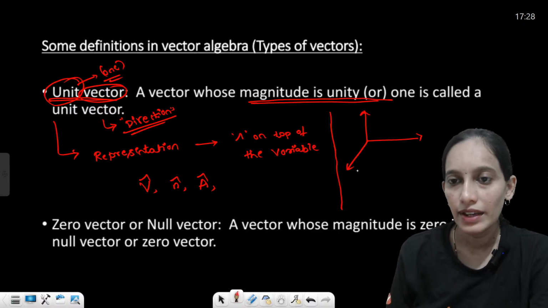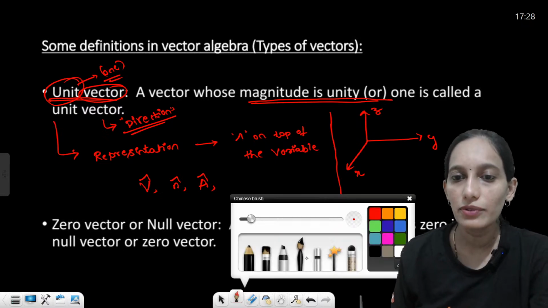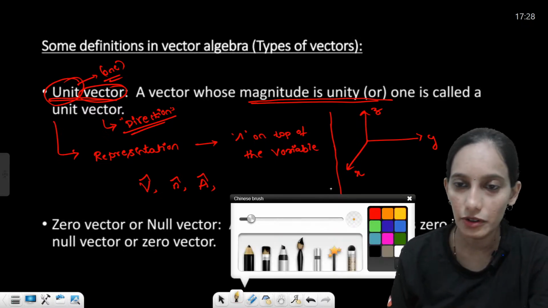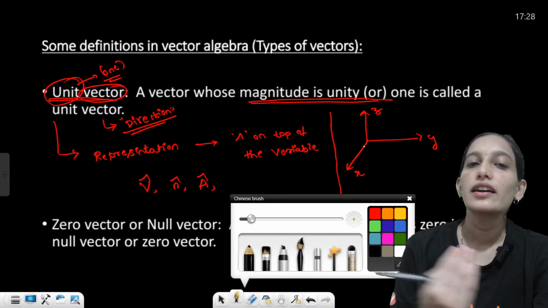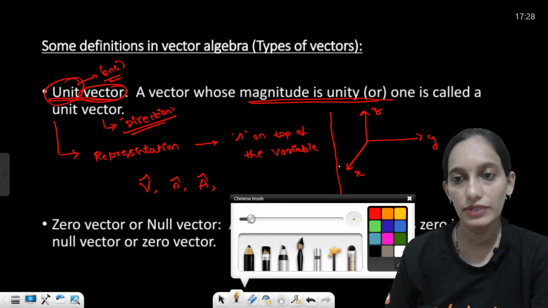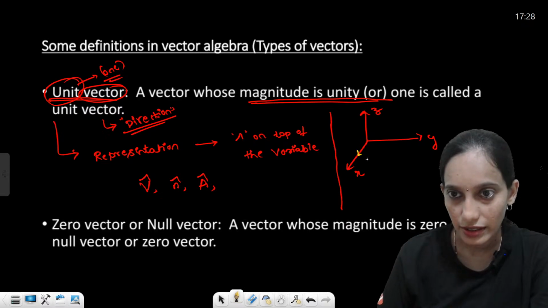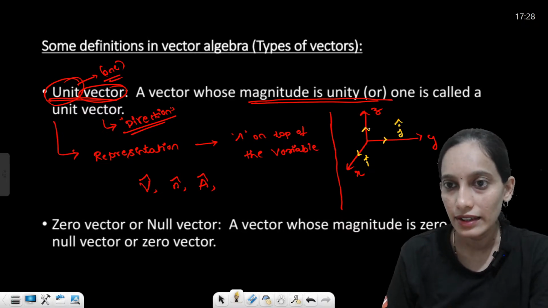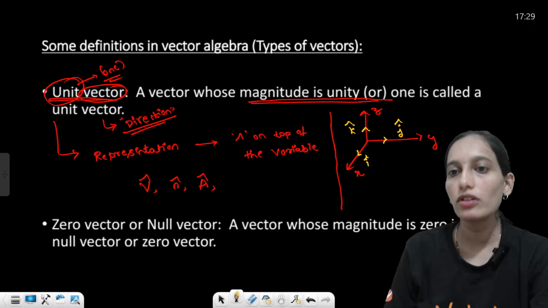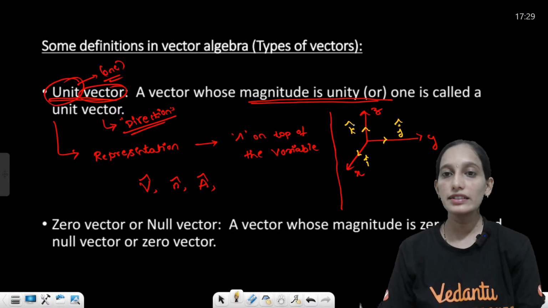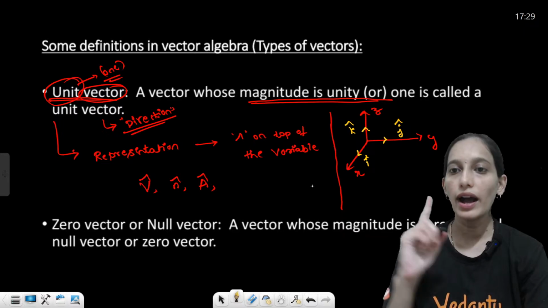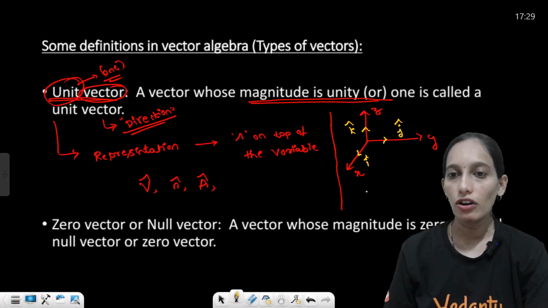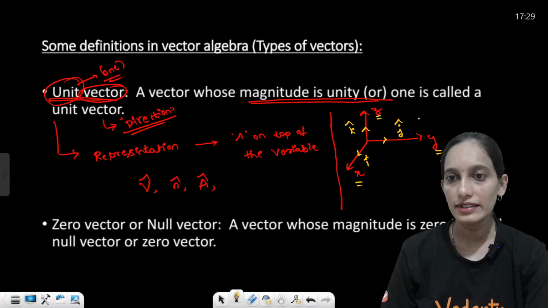X, Y, Z axis, correct? So we have our X, Y and Z axis. Here there are 3 standard unit vectors we consider. That is i cap along x axis, j cap along y axis and k cap along z axis. 3 standard unit vectors, i cap, j cap, k cap along x, y and z axis.